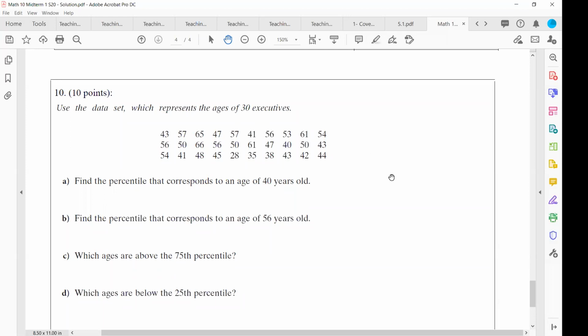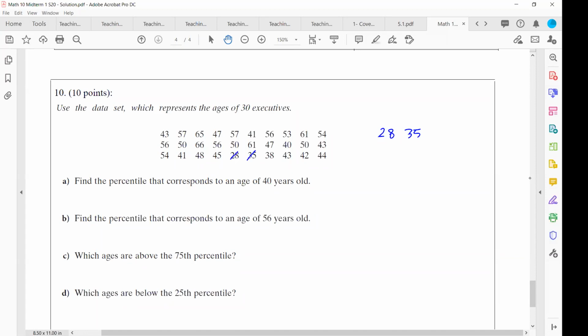So let's see. 28. Do we have any 20 here? I don't see any 20. What about 30? We have 35. Okay, do we have any other 30 here in this collection? I don't see any 30. What about 40?